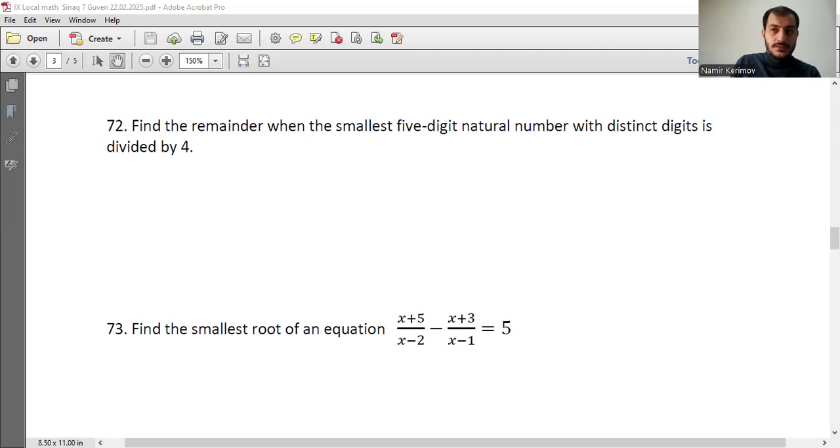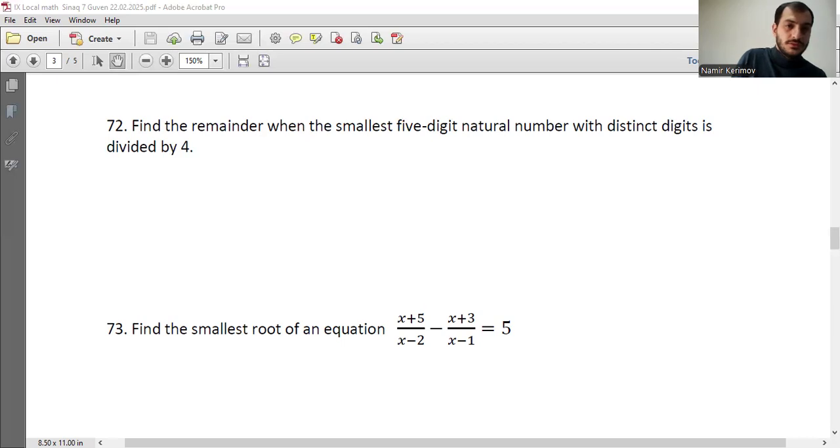Some of my students said that should be 1, 2, 3, 4, 5. So 12,345, but this is not the smallest one. That should have 0. So 1, 0, then 2, 3, 4. This is the smallest 5-digit natural number with distinct digits.